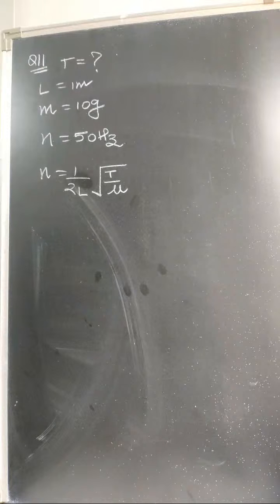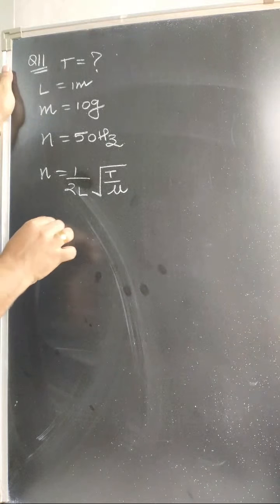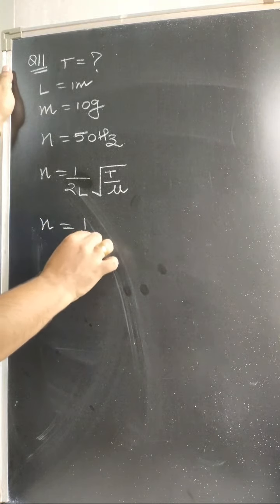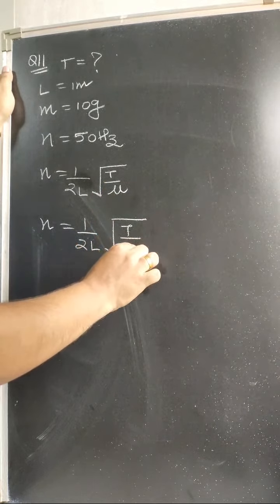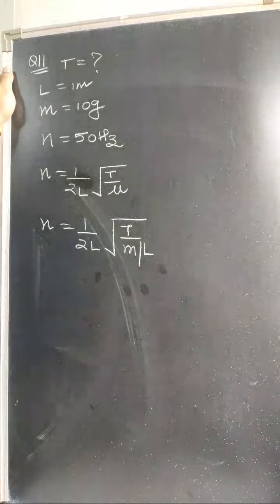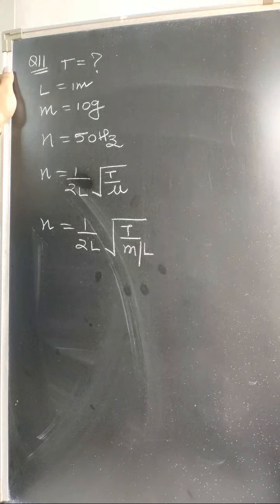And what is the mass given to us, everybody? 10 grams. So we can rearrange this, as mu is mass per unit length.